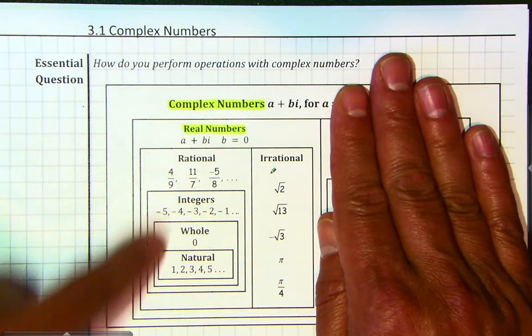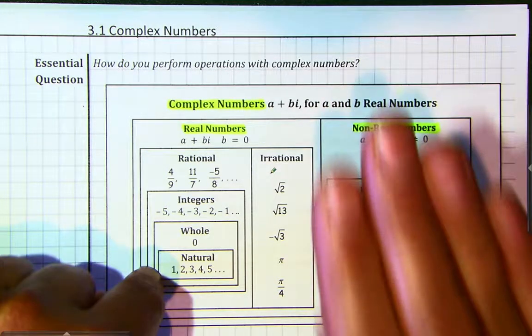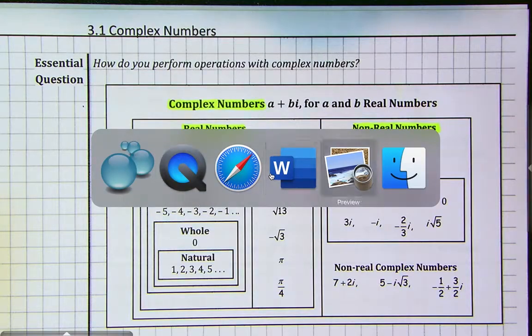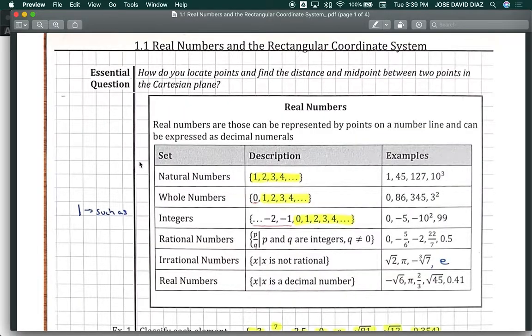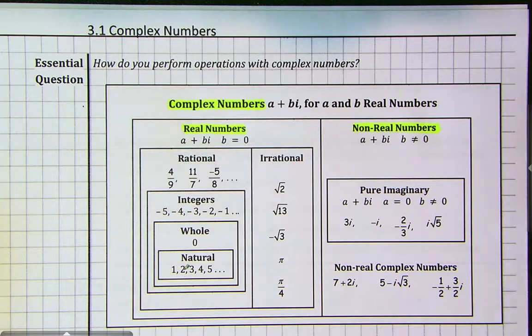And if this looks familiar, it's because we also covered it in the last chapter, when we covered natural numbers, whole numbers, integers, rational numbers, and irrational. But now we have a different representation.